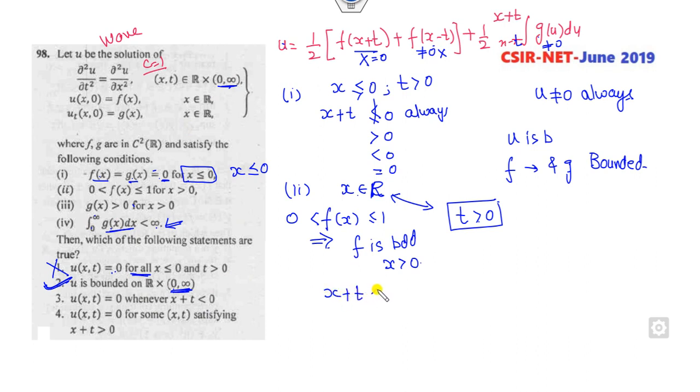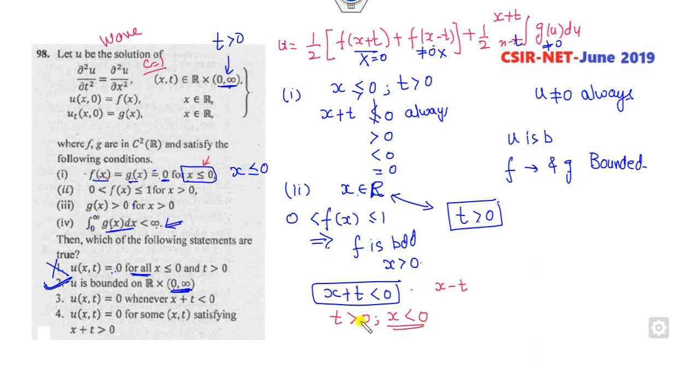X plus t is my less than 0. But t is always greater than 0. So what is the meaning of that? T is my greater than 0. What is the nature of the x? X is less than 0, then only it will be here. So whenever x plus t is less than 0, it satisfied this condition. So f will be my 0. What is my x minus t?